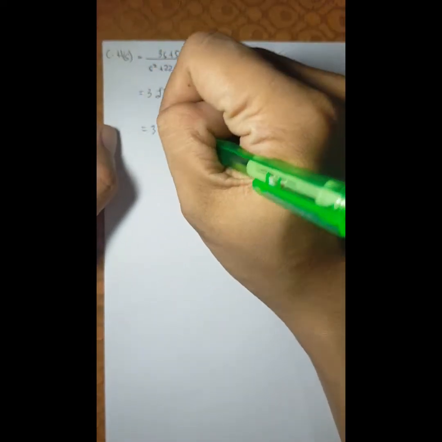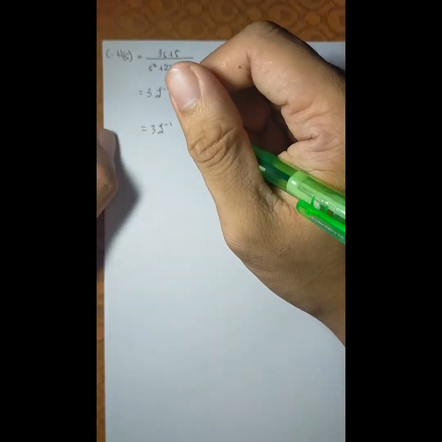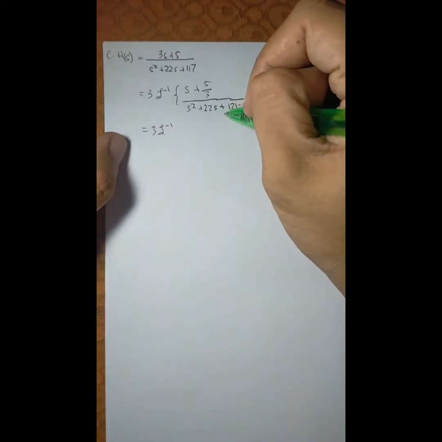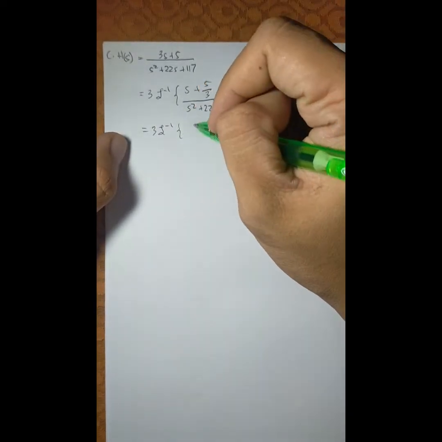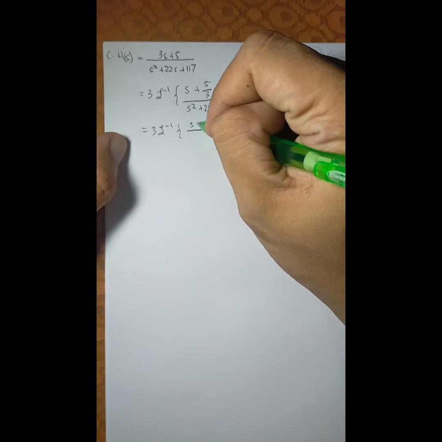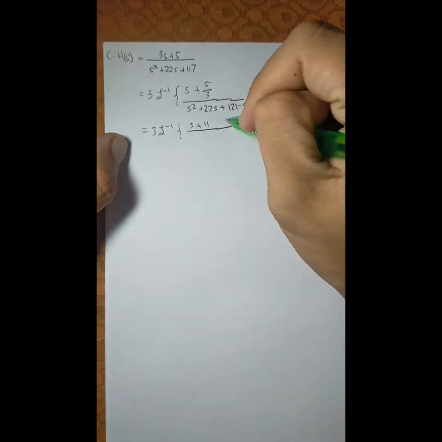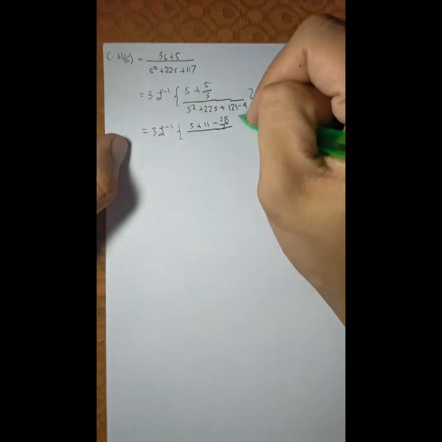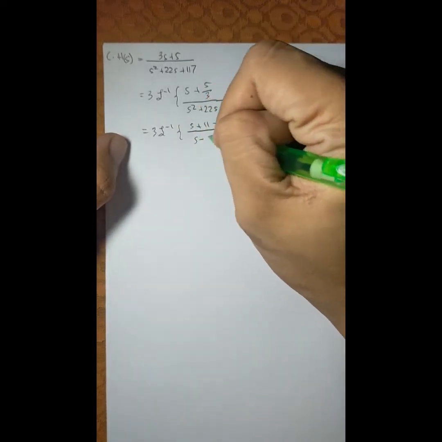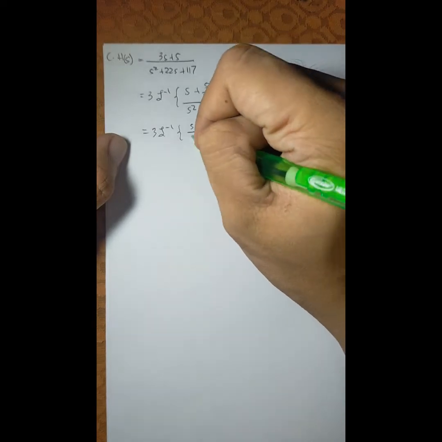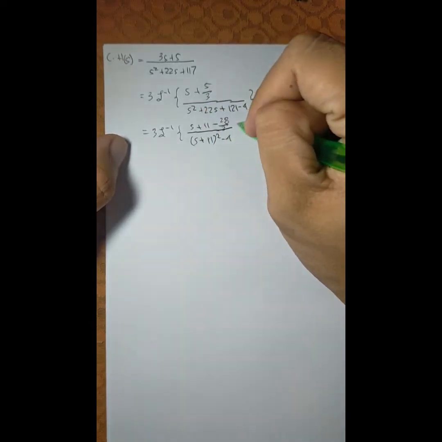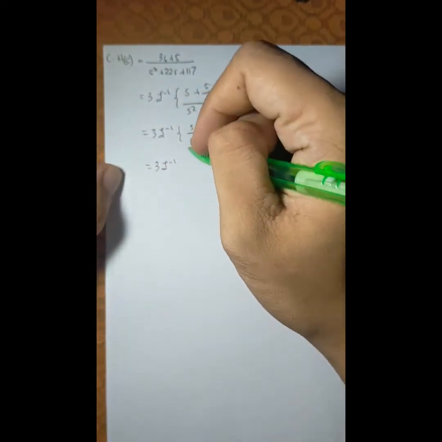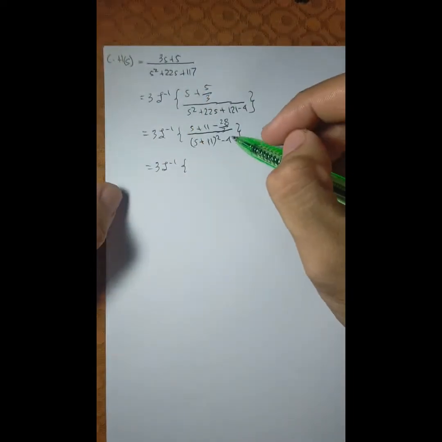Equal to 3 inverse Laplace transform of, we'll simplify this. In order to balance, we will make it (s plus 11 minus 28 over 3) over (s plus 11) squared minus 4. It can be equal to 3 inverse Laplace transform of, we'll separate this.